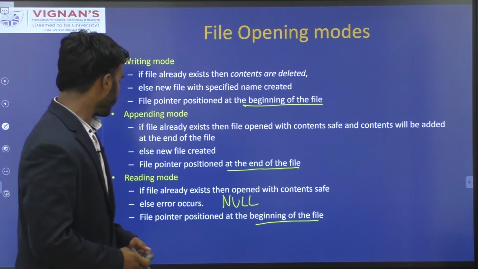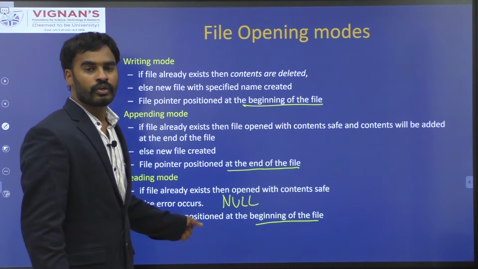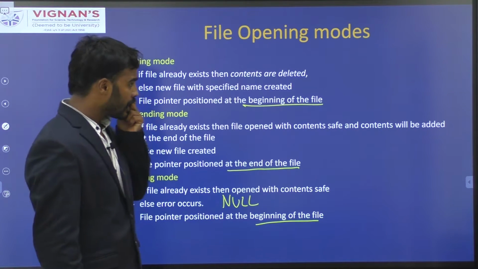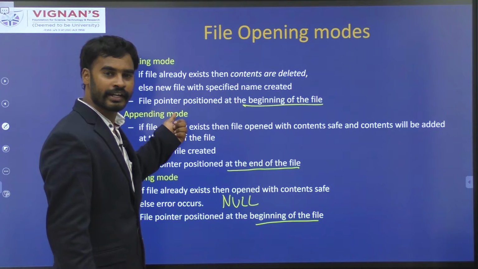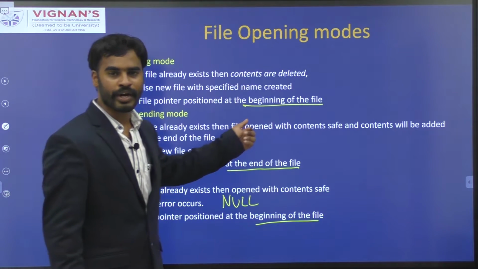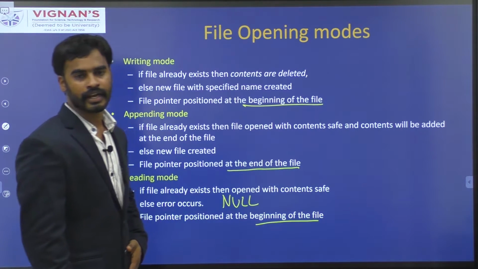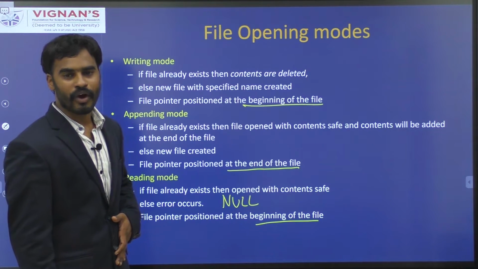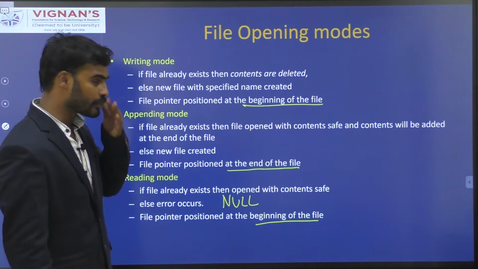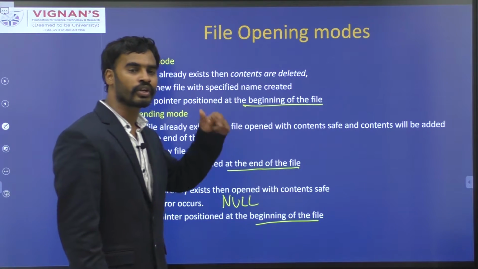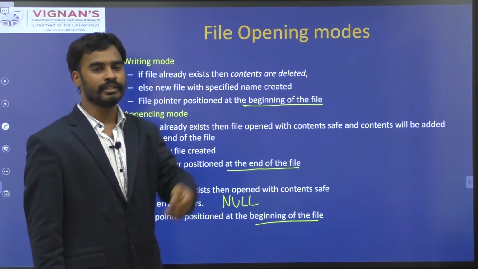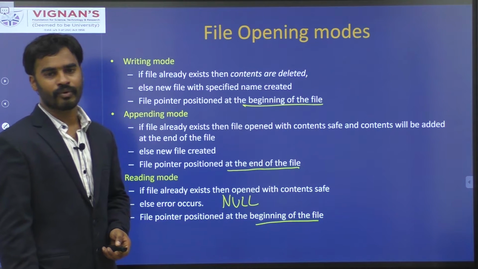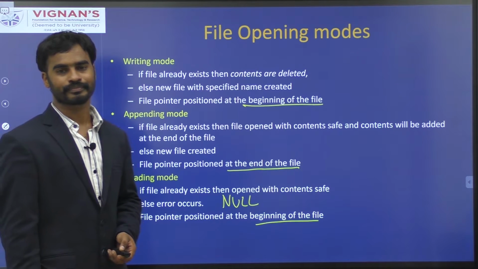If you open a file in reading mode, your file pointer points to the beginning of the file. If you open the file in writing mode also, the file pointer points to the beginning of the file. Whereas if you open the file in appending mode, the file pointer points to the end of the file, so that you can add the data after the previous contents. So this is writing mode, appending mode, and reading mode.